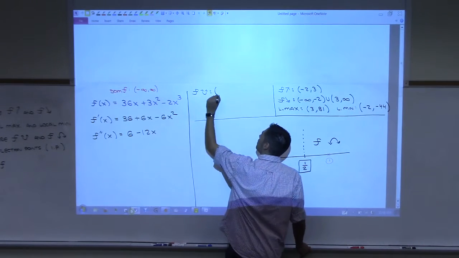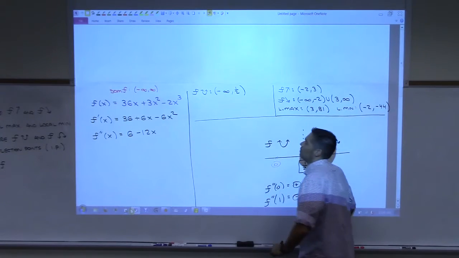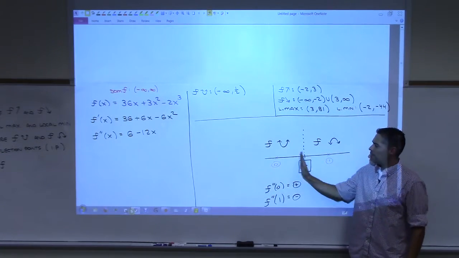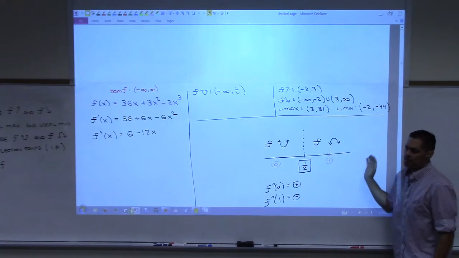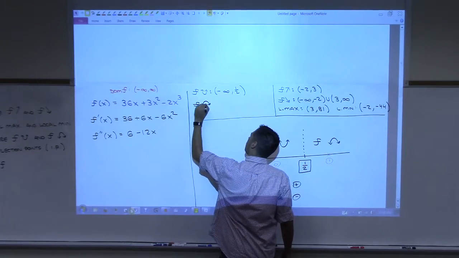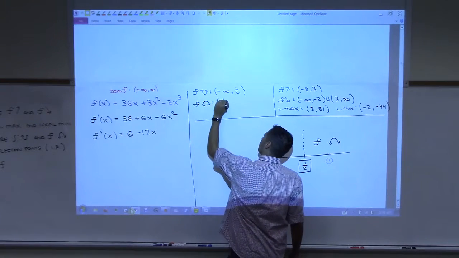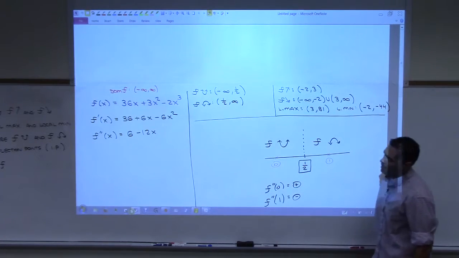And I'll use parentheses again, always. Make sense? To the left of 1/2 forever, it's happy. To the right of 1/2 forever, it's not happy. All right. That's it for that, right?